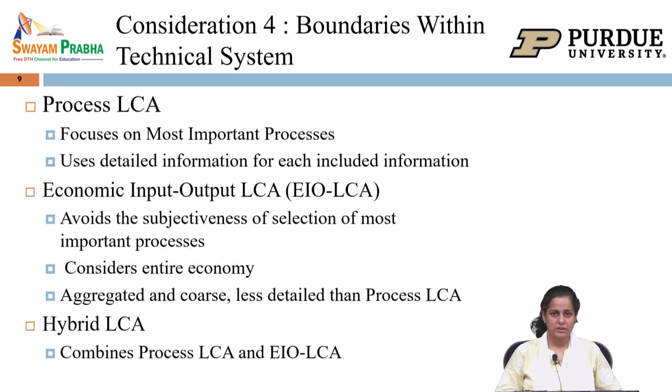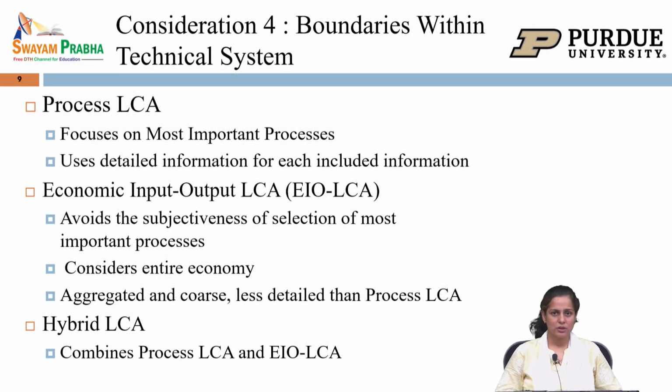In this aspect, the whole economy that is involved in the manufacturing of a product or a process is considered. Here, we rely on the macroeconomic input-output model, and this type of LCA is known as economic input-output LCA. Later in the lectures, we will definitely go through the computational structure of the economic input-output model and how these models are used for computing the life cycle impact of any product or process in the economy.